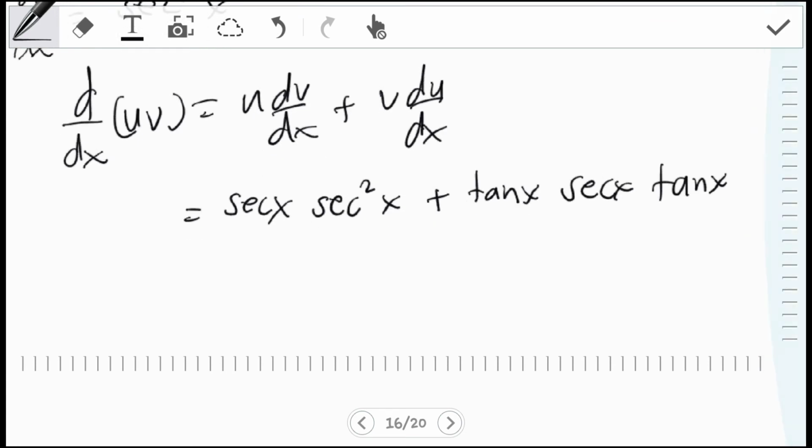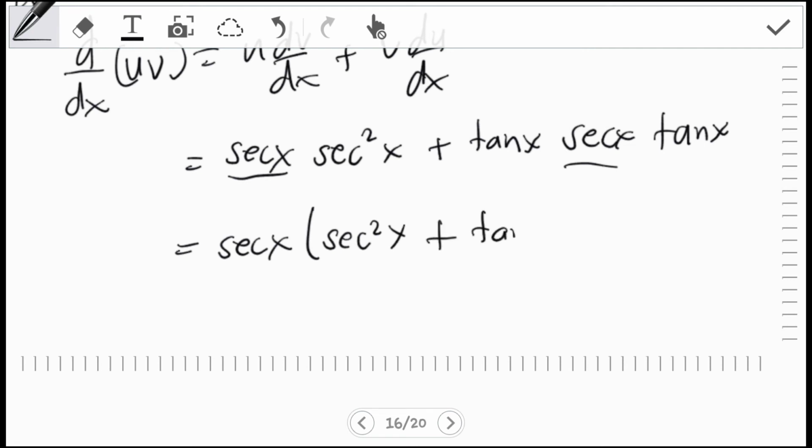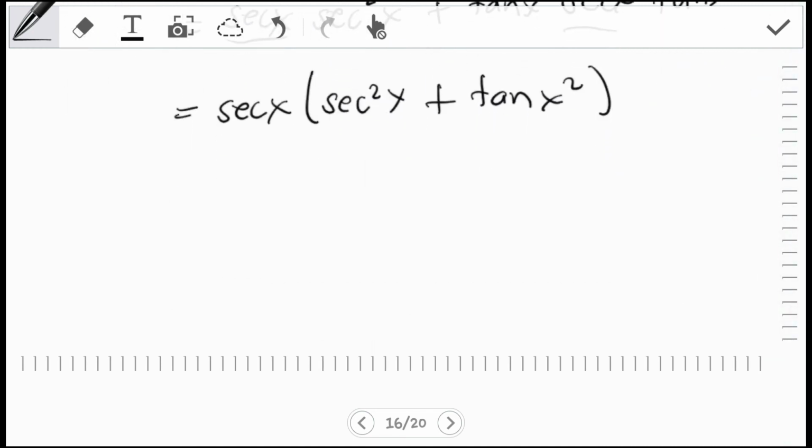Okay, so we factor out secant x. So secant x times the quantity secant squared x plus tan squared x. Okay? So take note in trigonometric identities, secant squared x is equal to tan squared x plus 1. Okay?